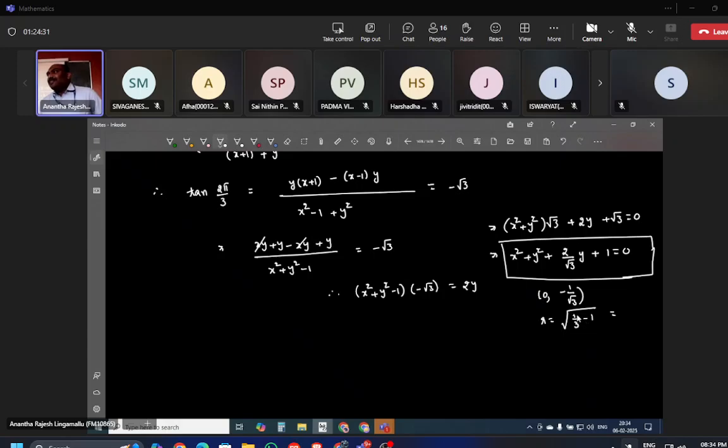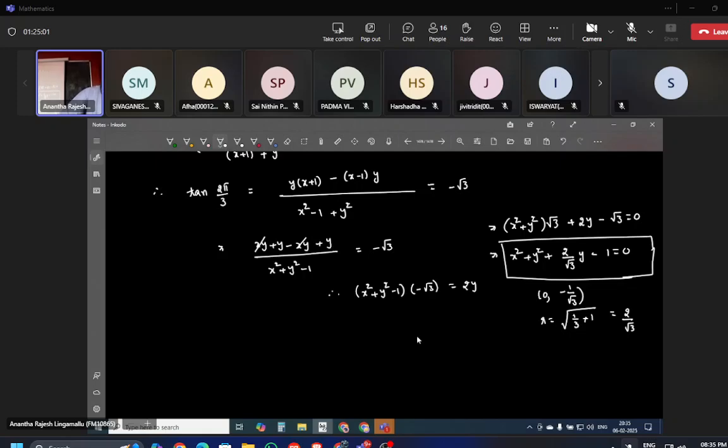What is this, the radius? Negative. 2 by root 3, how will it be? g square plus f square minus c. 1 plus 3, 2 by root 3. Radius, this is 2 by root 3, radius.